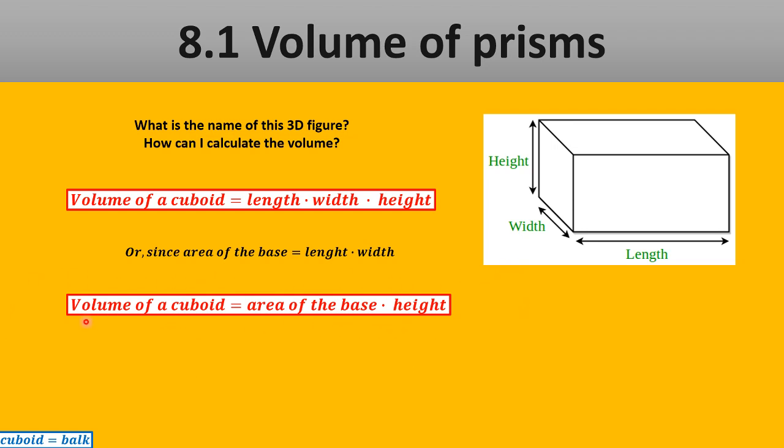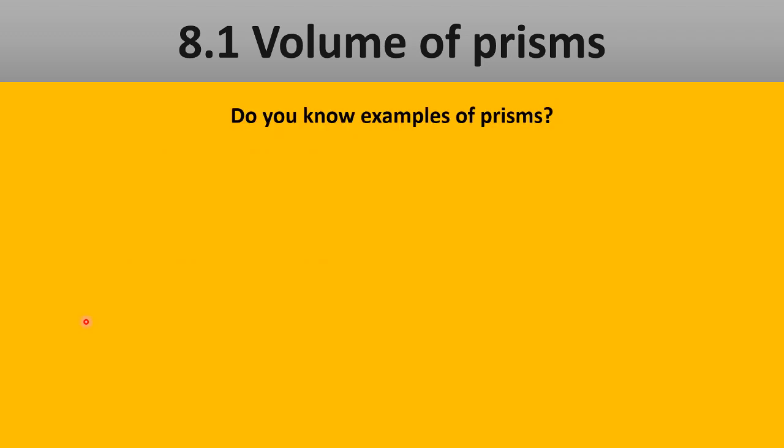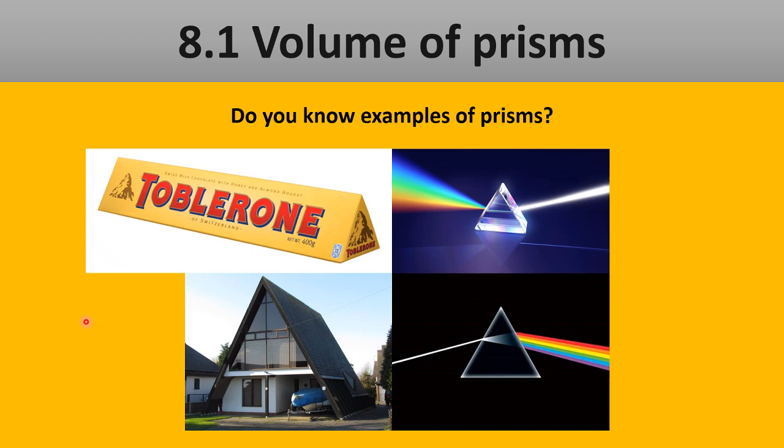But before we take a look, do you know any practical examples of prisms, without me having already discussed what they are? If I would ask you right now, what is a prism? Which form do you think of? Well, I've just shown you some prisms I've thought of. For example, the form of a Toblerone is a prism. You have prisms like this that they use in physics to refract light.